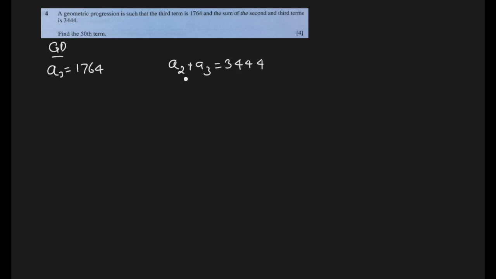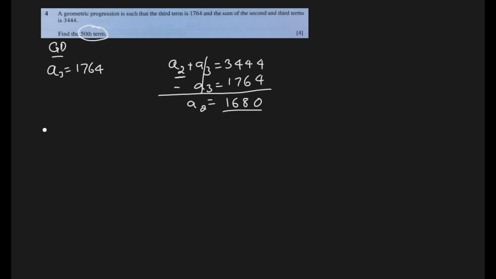Okay, that gives us A2 clearly. So let's subtract this here. So A3 is 1764. I'm not reading the question yet because I want to know A2. Subtract. So this cancels out. A2 is 1680. Now find the 50th term, they're saying.